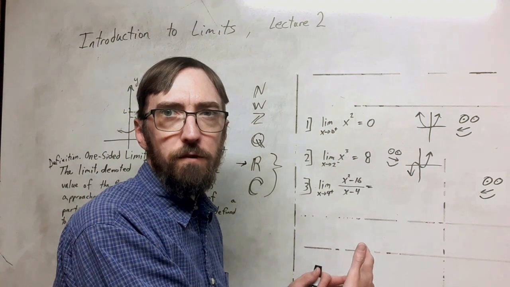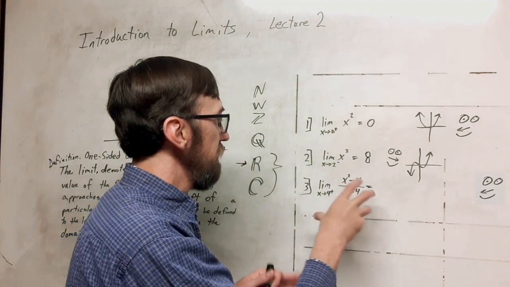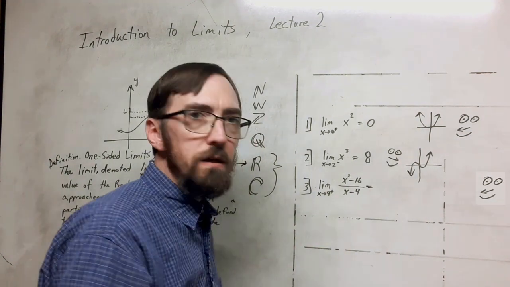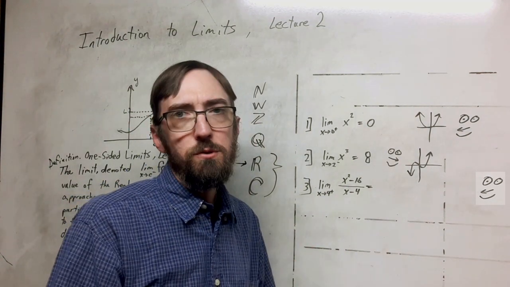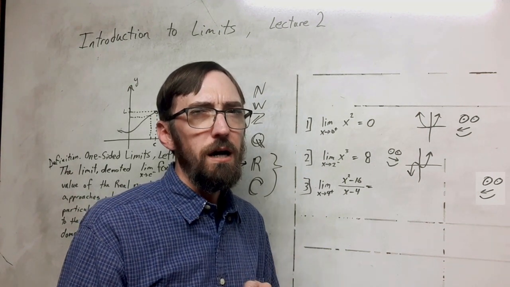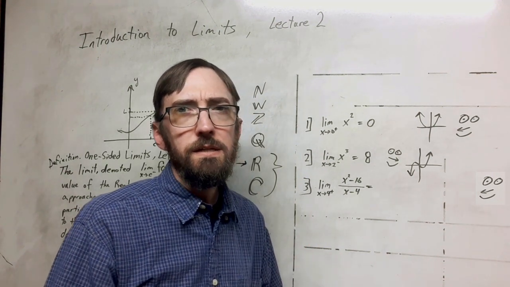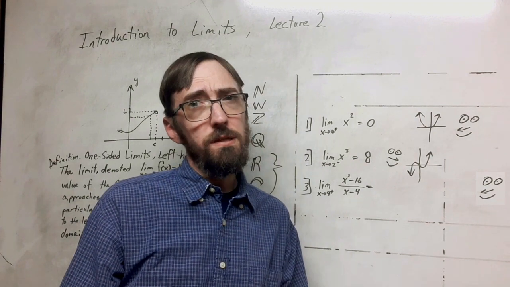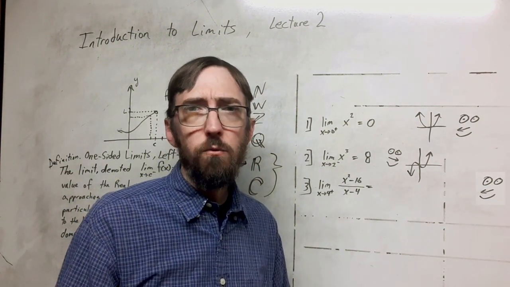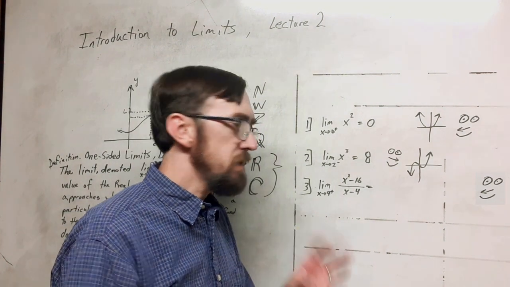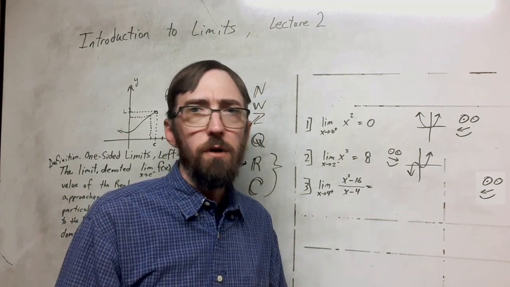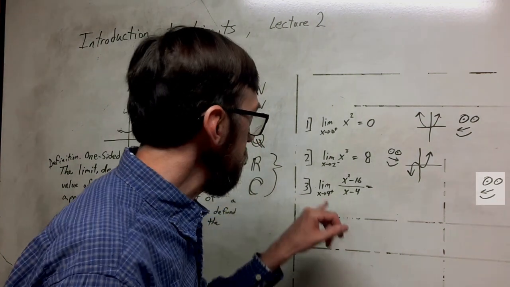You can create a table of values for that and then see what values those are approaching. The second approach to this is we can do a little bit of algebra to make this look a lot better. And sometimes when it comes to limits, you could make a table of values. That's absolutely a valid way to do this. Sometimes a little bit of algebra will shed a lot of light on the problem that you're looking at.